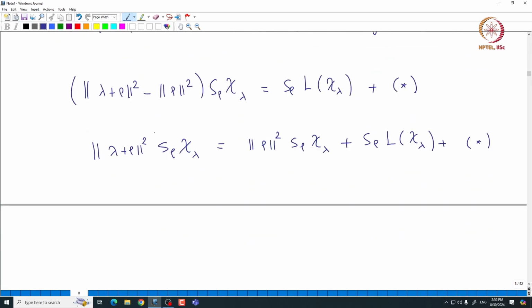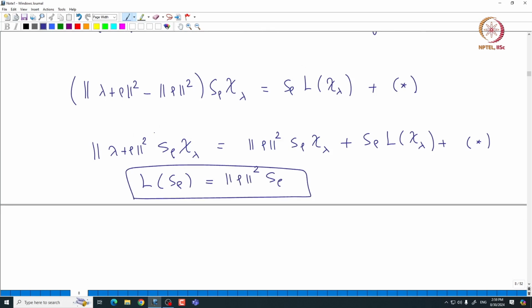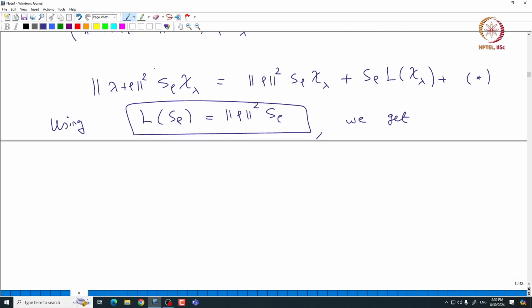Now if you think about it, the L of S rho is given by norm rho square S rho. This is something we know. Using this, we can replace this again, okay.